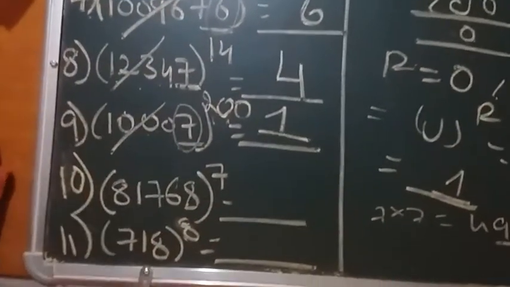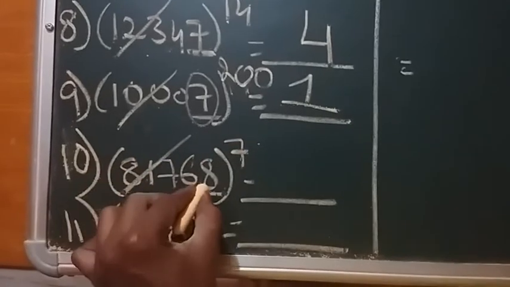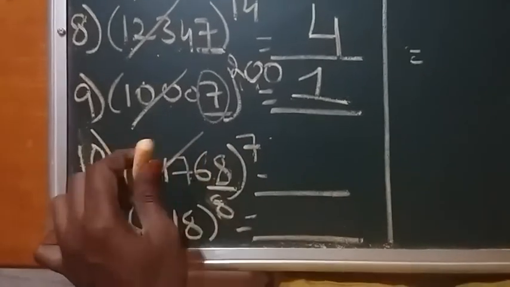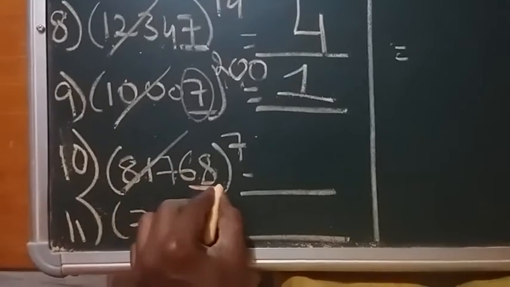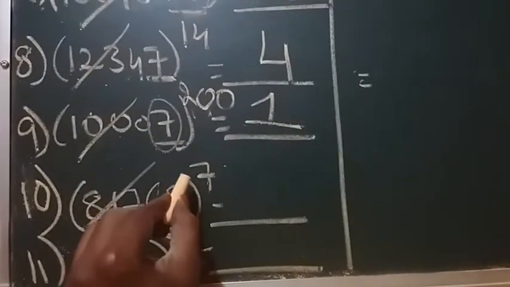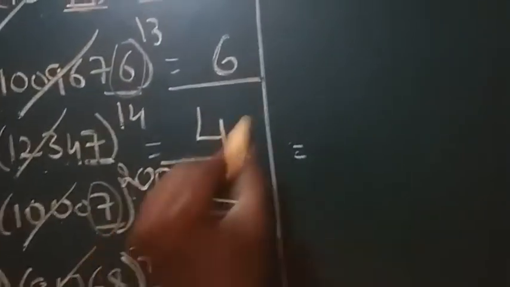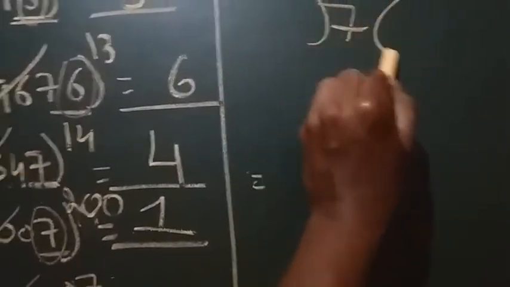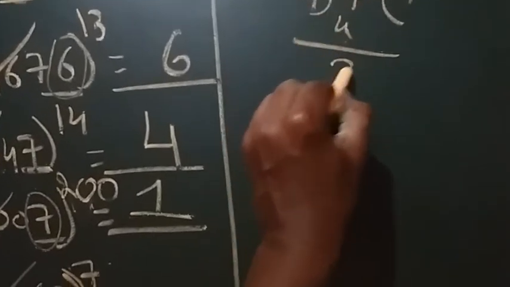See the 10th one, 81768 whole power 7. Here units place is 8 and m is 8176. Forget about m, concentrate only on u. Whenever you have u is 8, check the power and divide power with 4. Here power is 7. Divide power with 4. 4 ones are 4. 7 minus 4, 3.